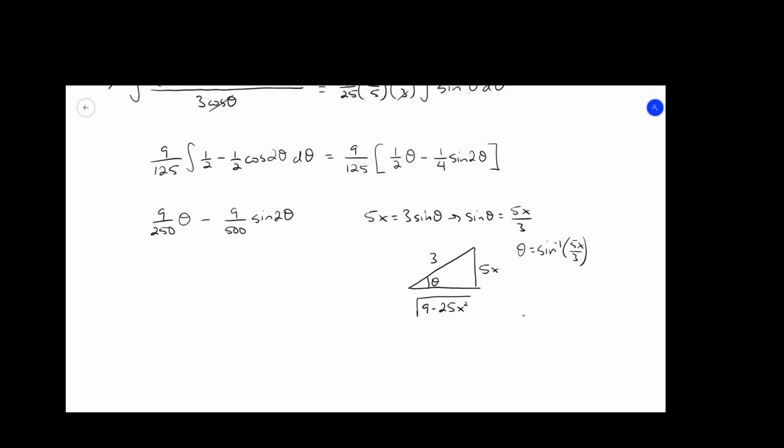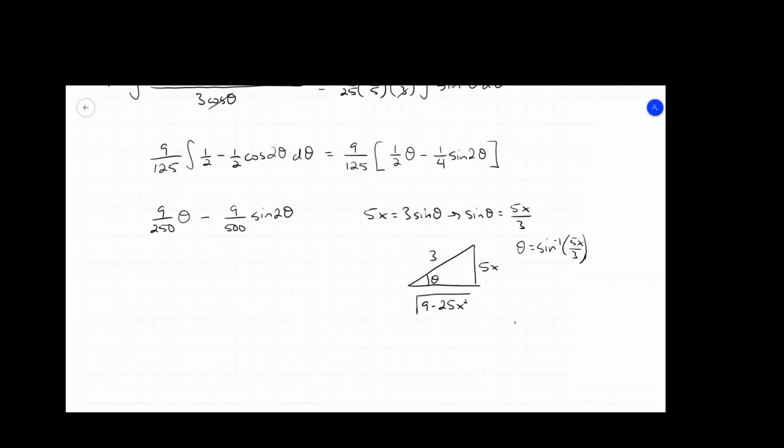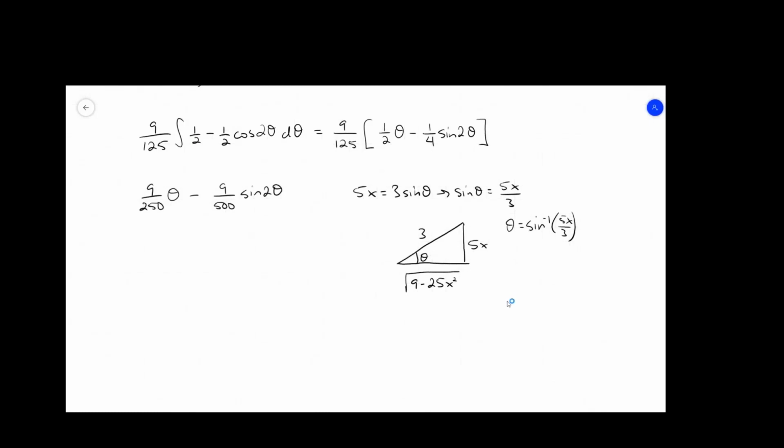Now, for that sine 2 theta, that's a little bit harder to deal with because we don't have a drawing for 2 theta. We have a drawing for theta. So unfortunately, the only thing we can do there is use a double angle identity to change that back into something that just has thetas and not 2 thetas. So here we have to remember our double angle identities. There's a lot of trig here.